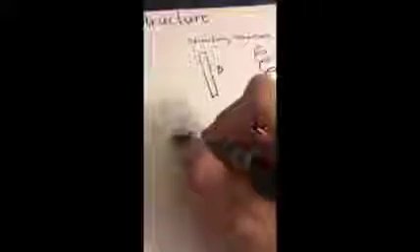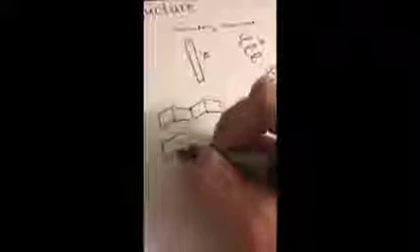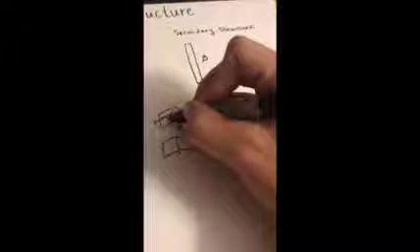And the beta pleated sheet kind of looks like this as it folds. And it starts out with the pattern carbon to nitrogen to carbon to carbon to an R group to hydrogen to oxygen.